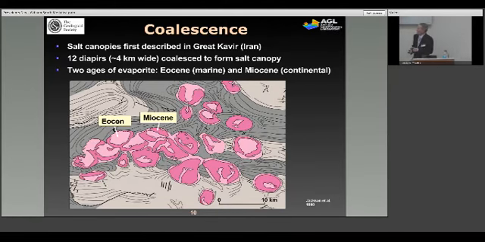The outcrop has two things that were extremely fortuitous that enable these to be discovered. The first is that the erosion level in this desert was at just the right level, not too shallow and not too deep, either of which would have missed the canopy entirely. The second fortuitous thing is that the diapirs are made up of salt of two ages, this pink Eocene and the darker colored Miocene, and they're very easy to tell apart in map view.